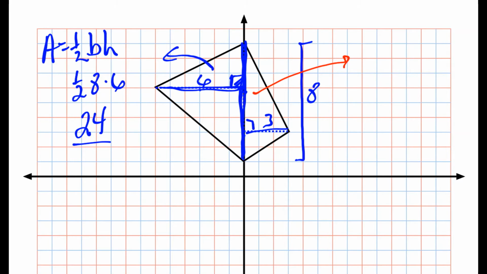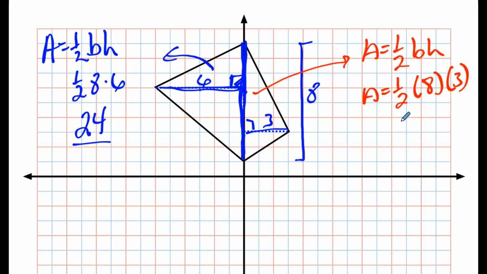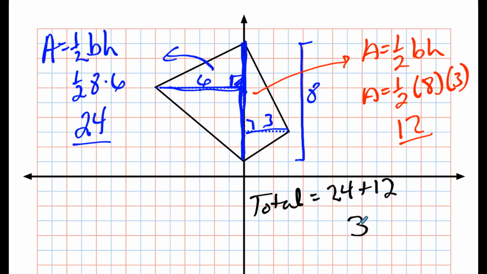Then I'm going to find the area of this triangle, which would be 1/2 of 8 times 3. That would be 12. So your total area would simply be 24 plus 12, which is a total area of 36.